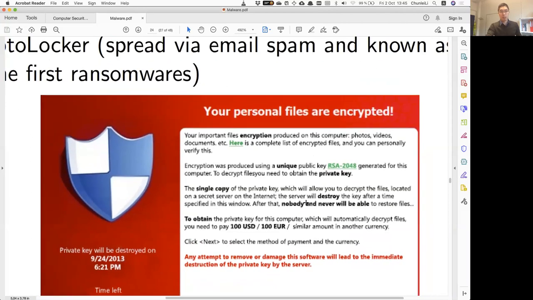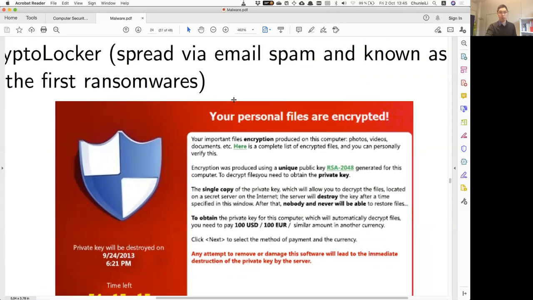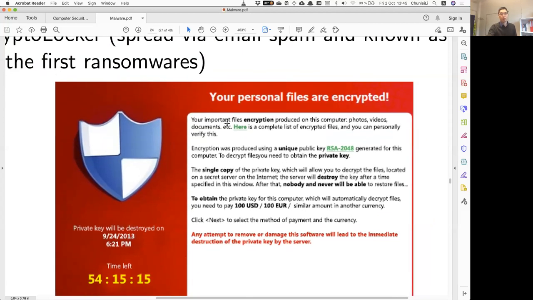So let's take a closer look at this captured figure. Your personal files are encrypted. As mentioned, your important file encryption proceeds on this computer. Photos, videos, documents. And here is a complete list of the encrypted files. You click the link and you can see all the files in your computer system.